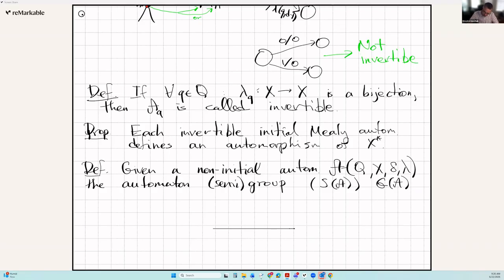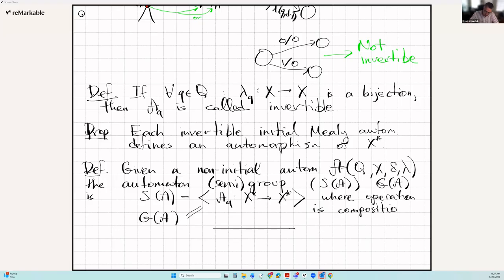So the automaton semigroup, S of A or G of A, which is a different name for self-similar semigroup or group, is either S of A, the semigroup generated by the transformations A_q from X star to X star with the operation of composition of these transformations, or G of A, which is the same thing, but now it's considered as a group, where the operation is composition. Okay, so this is the main definition for us.